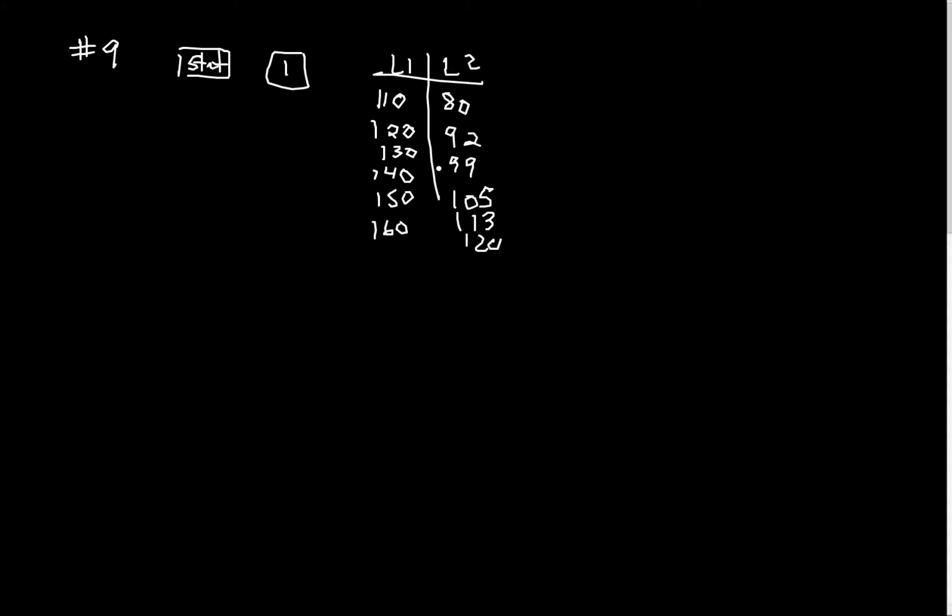Okay, so you put these all in, and then you go back to stat, and then you say calc, and this is just in case Emily didn't get it. And then you push the number 4 for linear regression, or you can tab down to it. And then you push enter.